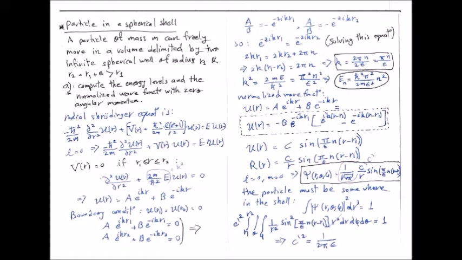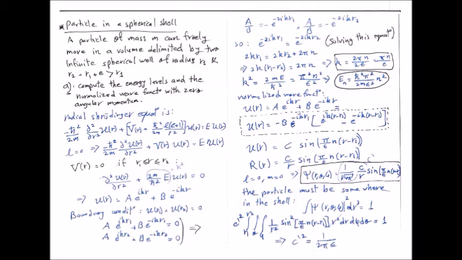So now I can find E_n as a function of n, which is h bar squared pi squared over 2m c squared multiplied by n squared. So now this is the discrete energy formula.